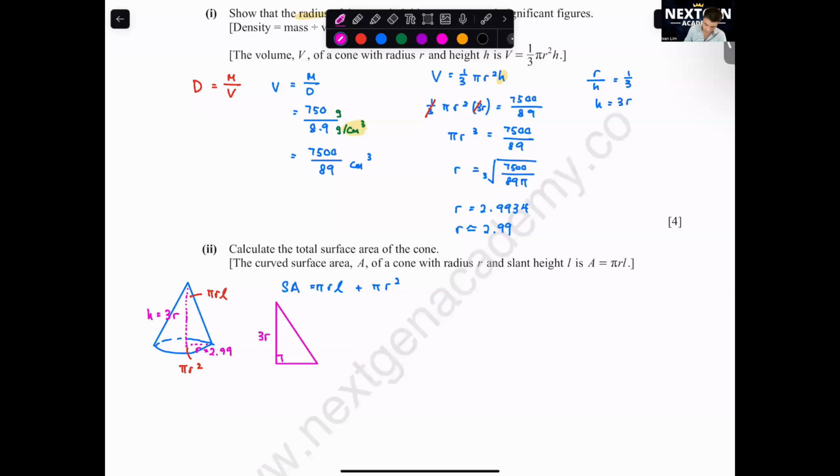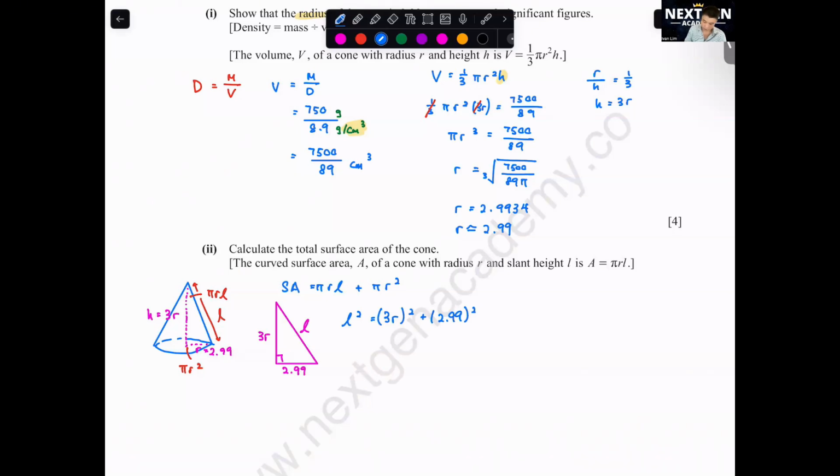We got 3r, we got 2.99. Then I want to find this l here. Okay, this is l. Use Pythagoras theorem. So l squared is equal to (3r) squared plus 2.99 squared.